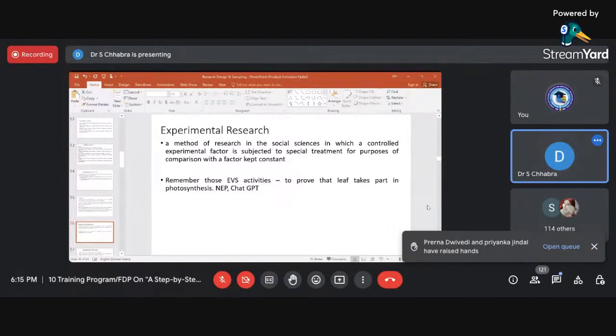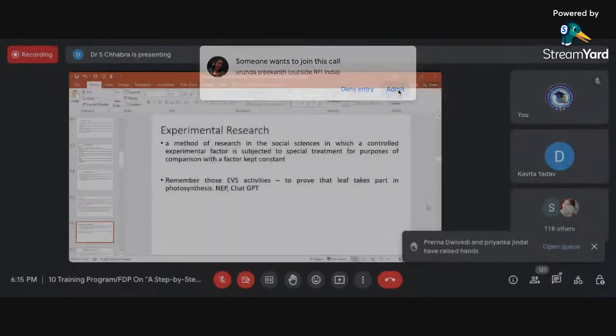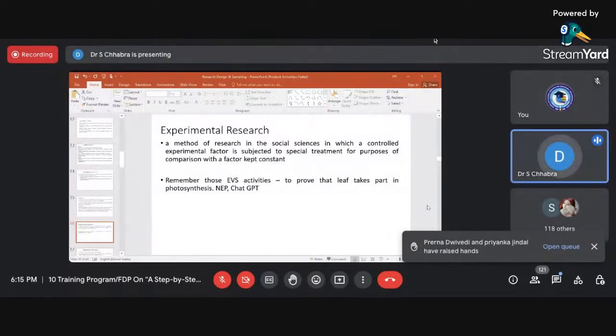Yes. Okay, so remember those science days, we used to read this experiment, that if half of the leaf is covered with aluminum foil, then it would turn pale green and the other half would turn green, and then you would happily write that this proves that photosynthesis requires sunlight.